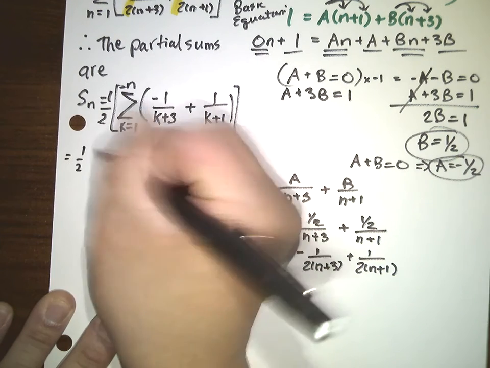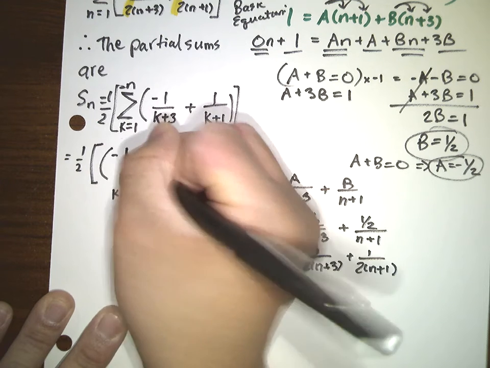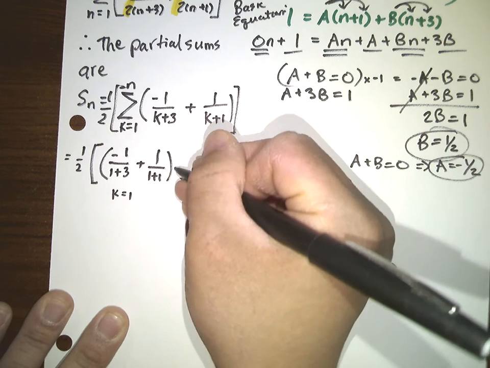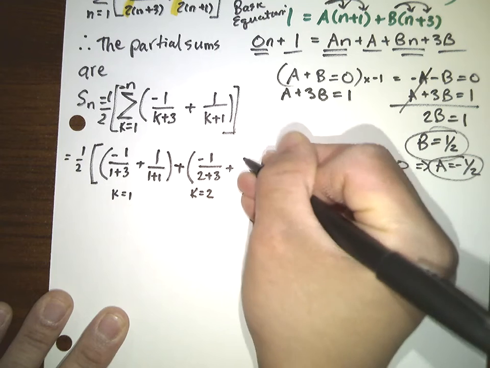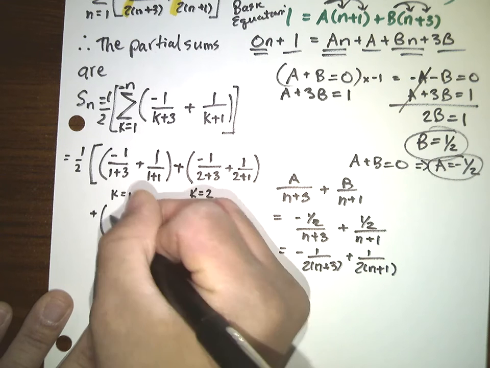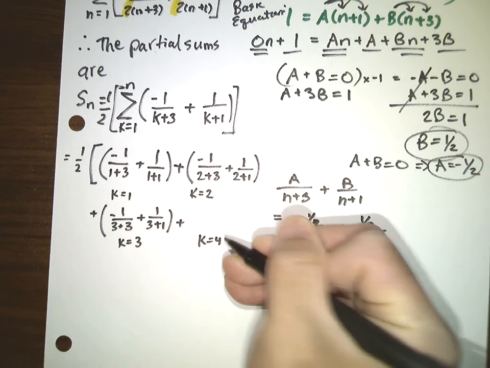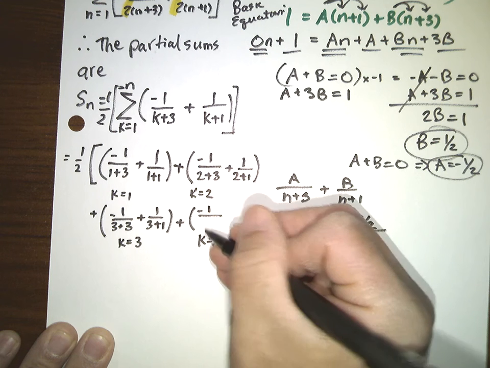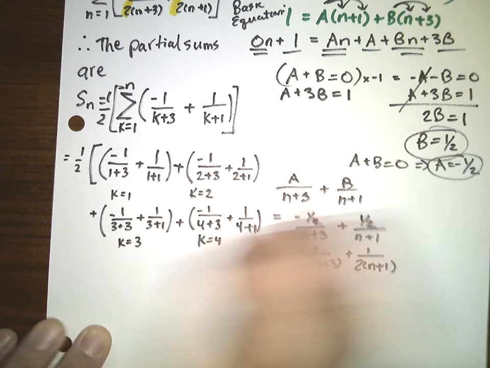So it's 1/2, and then for k equals 1, I have negative 1 over 1 plus 3 plus 1 over 1 plus 1, and then plus what I get for k equals 2, which is negative 1 over 2 plus 3 plus 1 over 2 plus 1, then plus what I get for k equals 3, so negative 1 over 3 plus 3 plus 1 over 3 plus 1, plus what I get for k equals 4, so I have negative 1 over 4 plus 3 plus 1 over 4 plus 1, and so on.